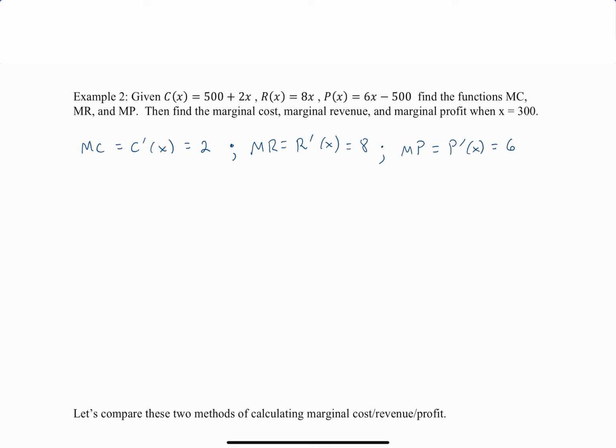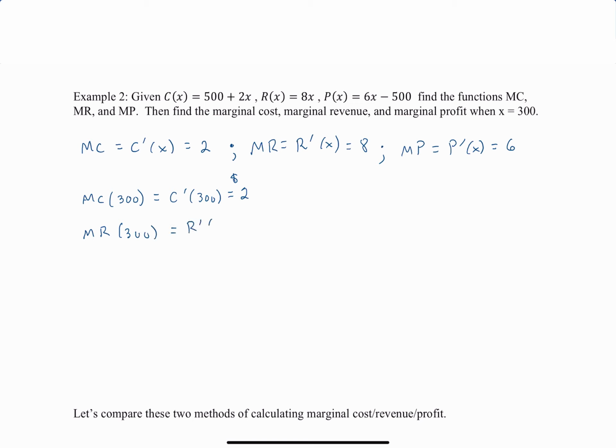These are all constant functions, so it doesn't actually matter what the input is, but I'll go ahead and write this out anyway. The marginal cost at 300 units is C prime of 300. Well, C prime is always 2. That's $2. That's the same answer we got before. The marginal revenue at 300 is R prime at 300.